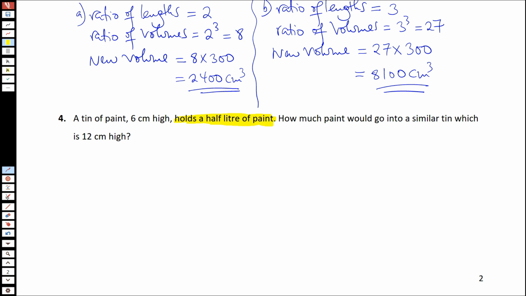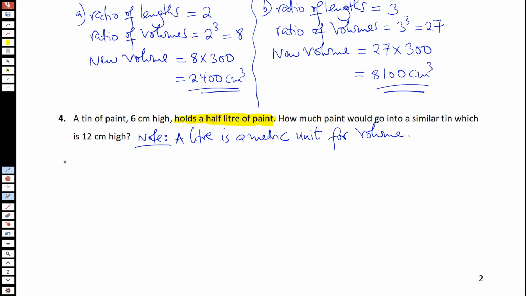Now, what you have to understand here is that a liter is a metric unit for volume, a unit of measurement for volume. So think of liters as volume.